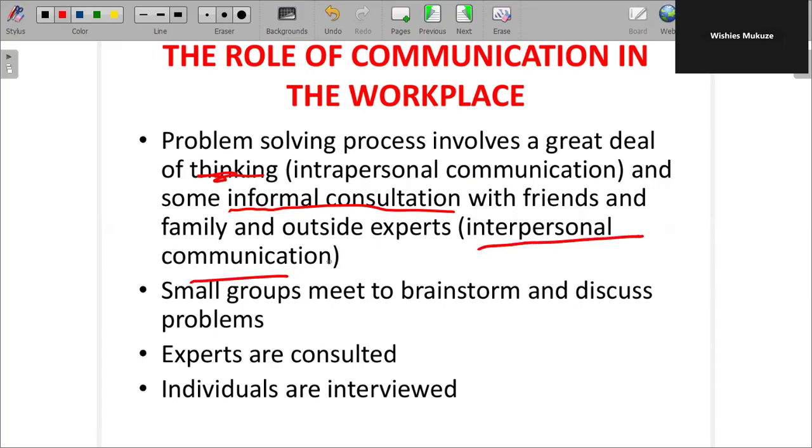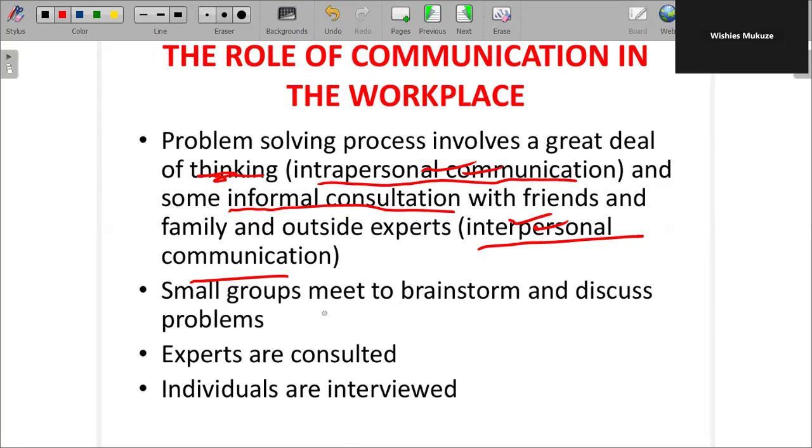When you are solving a problem, you need to think on how to solve it, which is intrapersonal communication, and you also need to consult or communicate with friends and family or even experts, which is interpersonal communication, right?